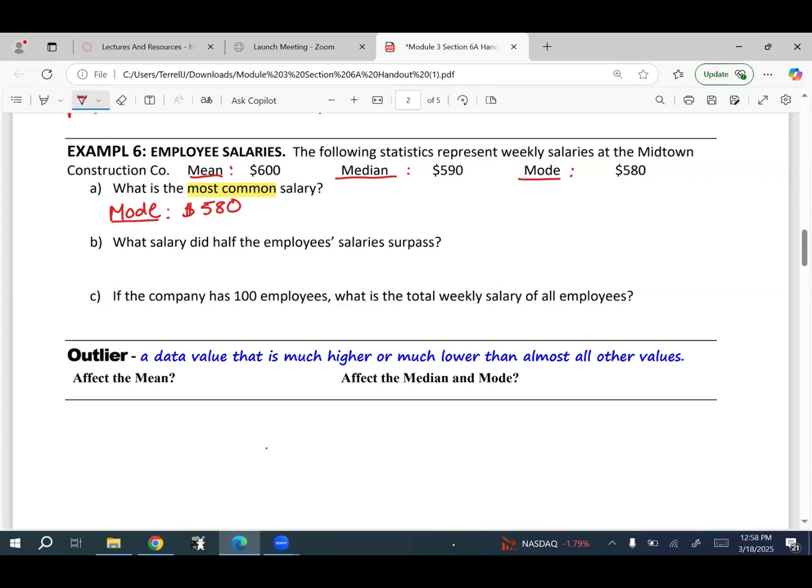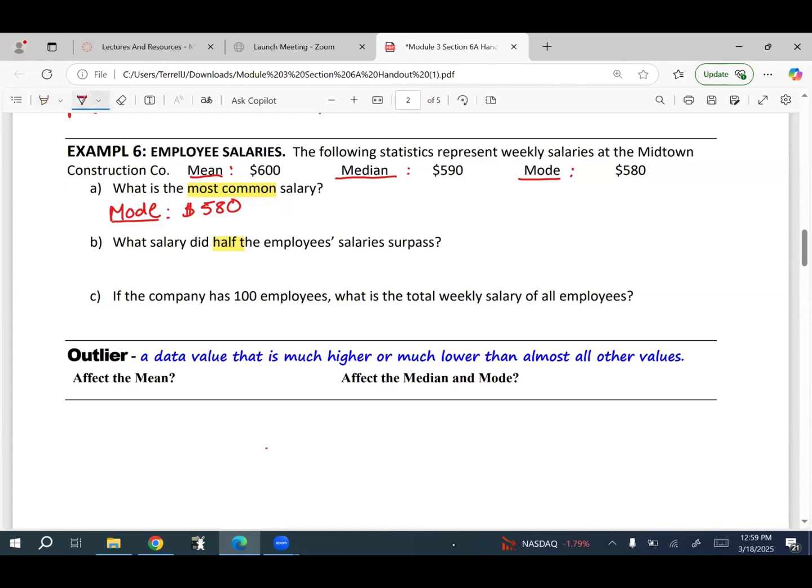What salary did half the employees' salaries surpass? The key word here is half. Median is the value there that is the middle value. If it's the middle value, what that means is exactly half are below that value and half are above that value.